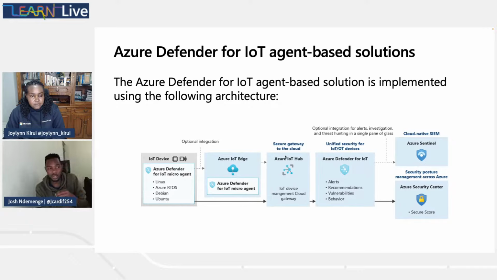And then once you get to IoT Hub, which is the management cloud gateway, so this is the cloud gateway, you have the Defender for IoT that is built into IoT Hub.